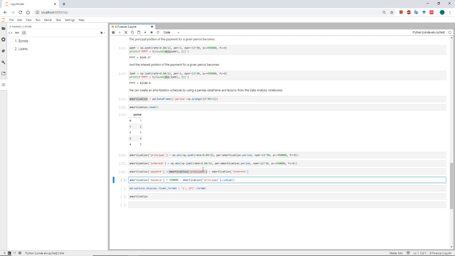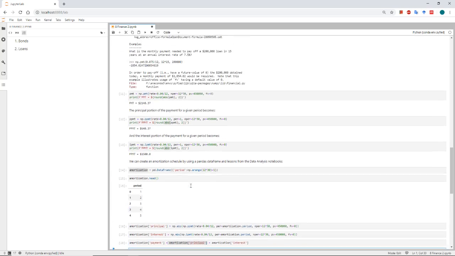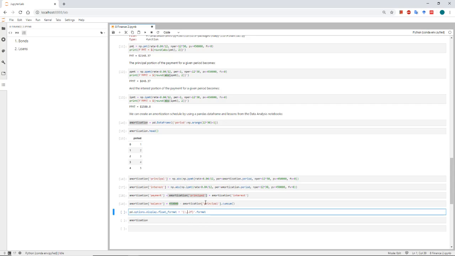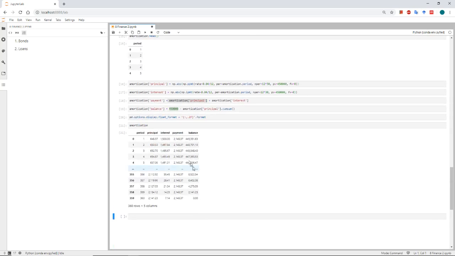And what we're also going to do is take the cumulative sum of the principal and subtract it from the original amount of the loan, and that will set a rolling balance. This is formatting to 2 decimal places for pandas, and we're going to take a look at this.